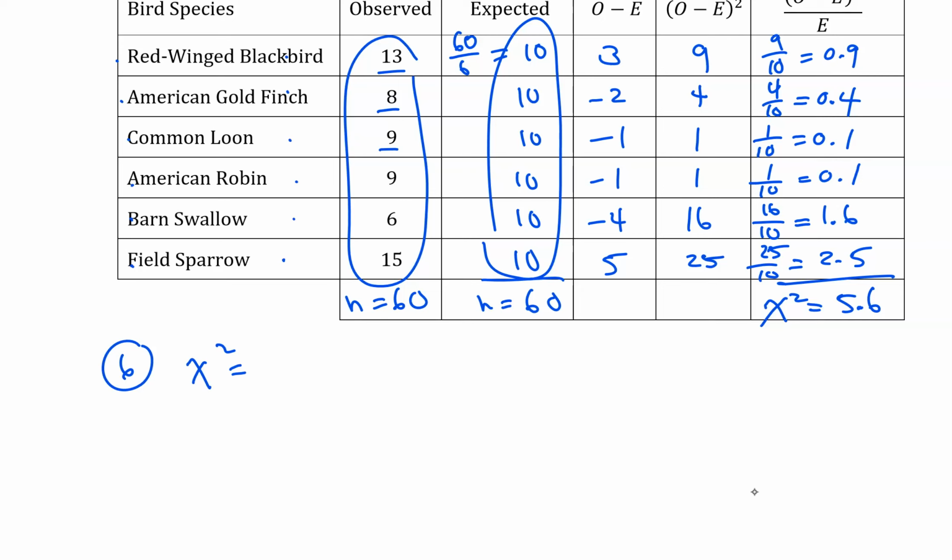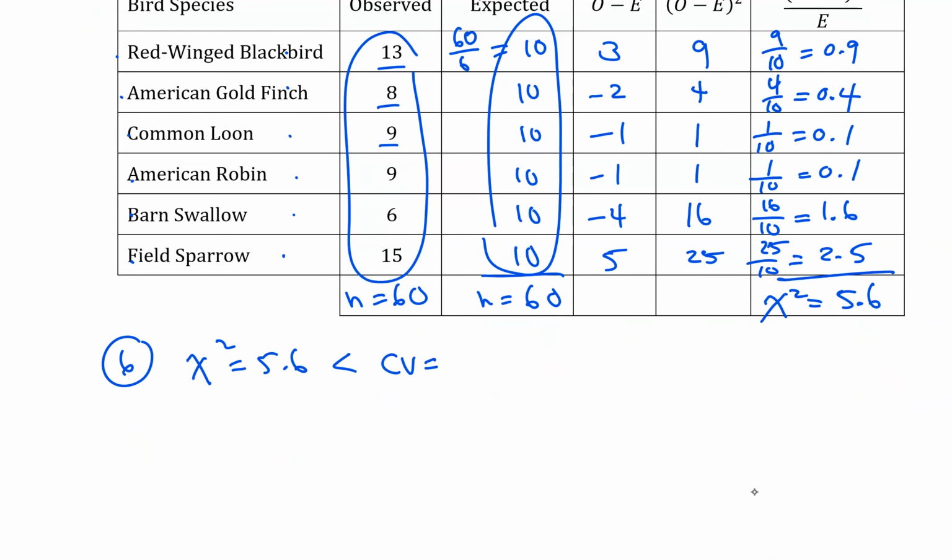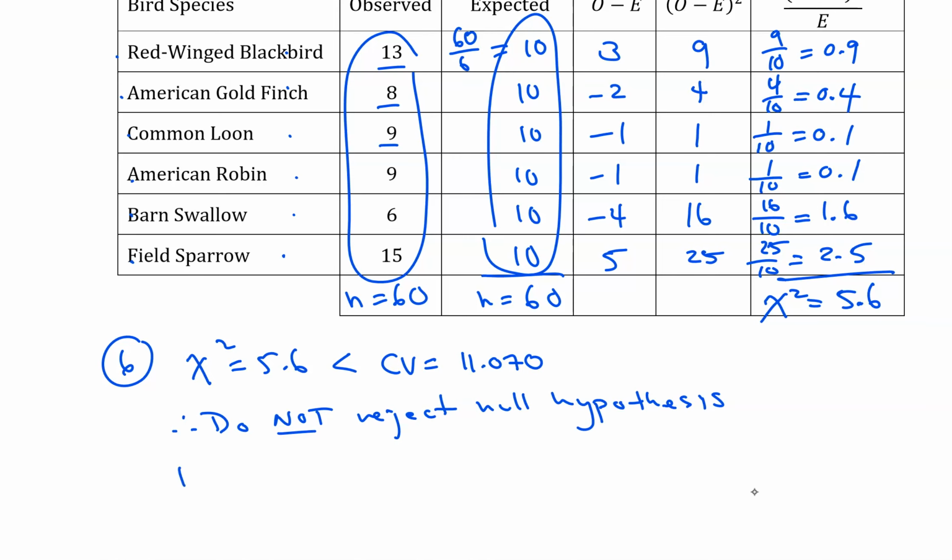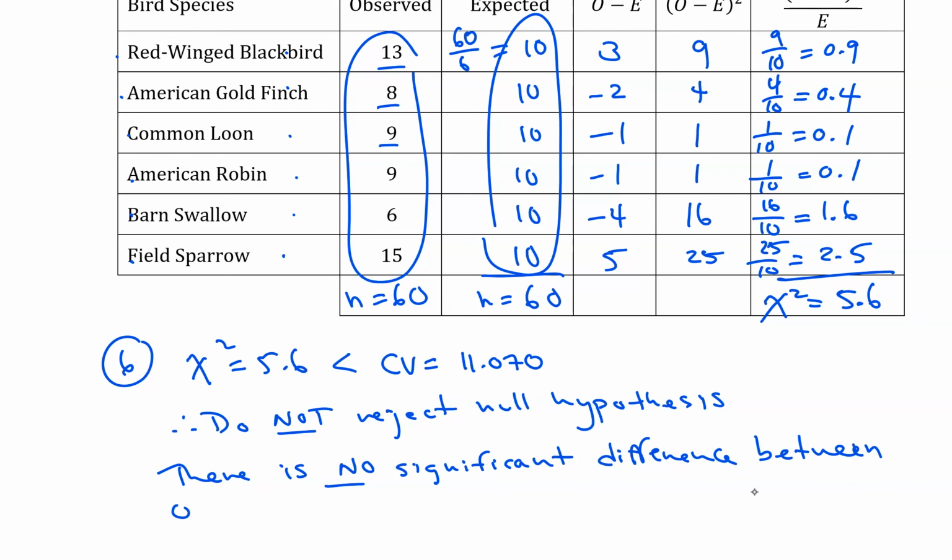So chi-squared of 5.6 is less than my critical value of 11.07. Do not reject the null hypothesis. So do not support your alternative. There is no significant difference between observed birds and expected.